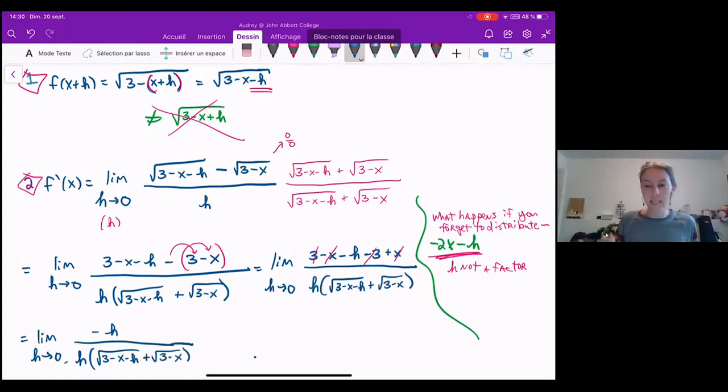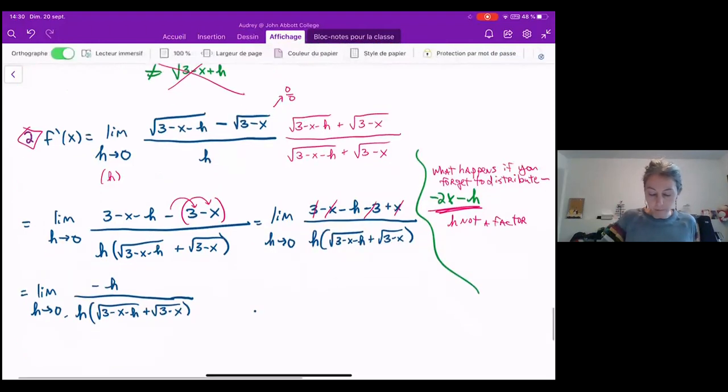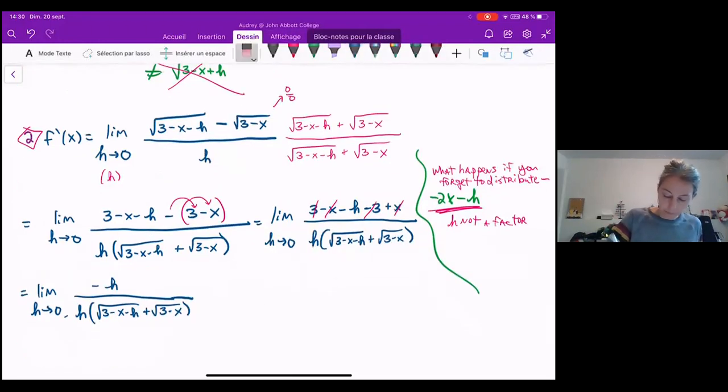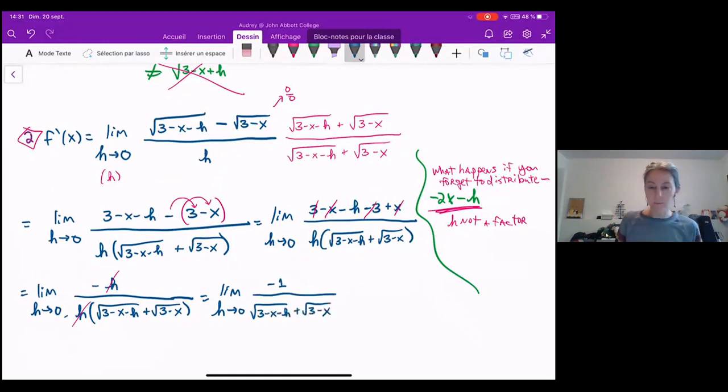Yay, we now can see that h that we have in the numerator there, so we can cancel it out. Goodbye, goodbye. And what we have left is a 1, or rather a negative 1 in the numerator. Root 3 minus x minus h plus root 3 minus x.